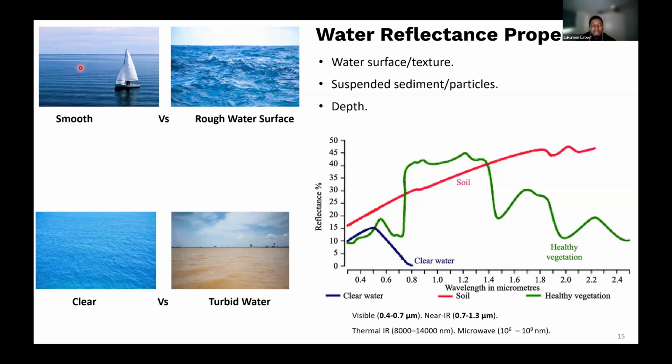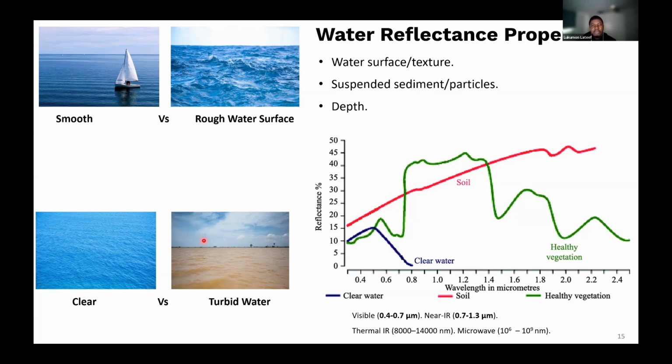Another important point is the depth of the water and the suspended particles or sediment. The bottom of the water sometimes contains turbid sediments or some phytoplankton that could influence the amount of energy that water can reflect back to the sensor.